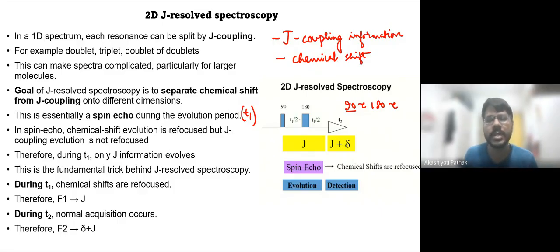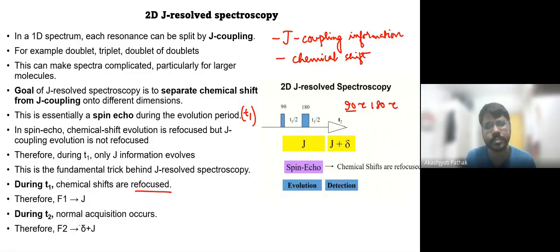So your F1 dimension will have the J coupling information. During T1 your chemical shifts are refocused, and therefore your F1 dimension provides information about the J coupling. And during T2, normal acquisition occurs.